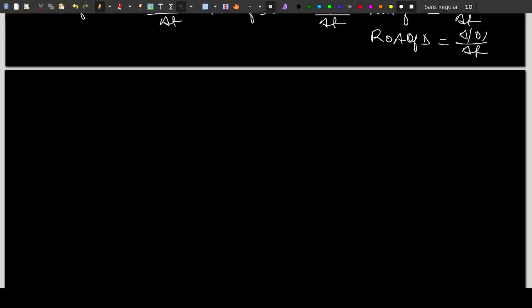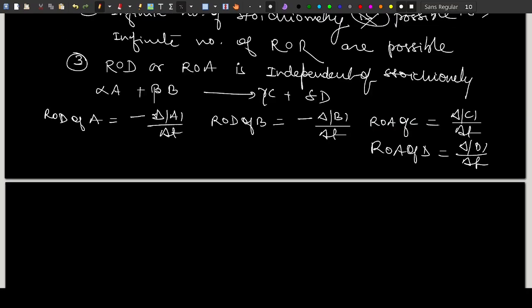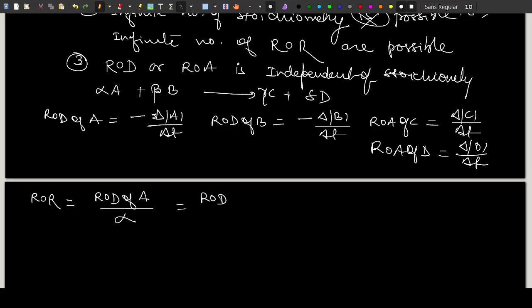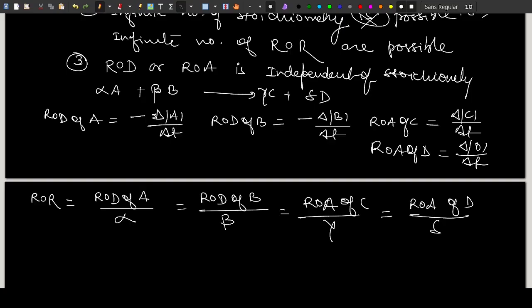But if we write rate of reaction, then it will be rate of disappearance of A divided by alpha, rate of disappearance of B divided by beta, rate of appearance of C divided by gamma, rate of appearance of D divided by delta. So it is very clear that rate of reaction depends on stoichiometry.